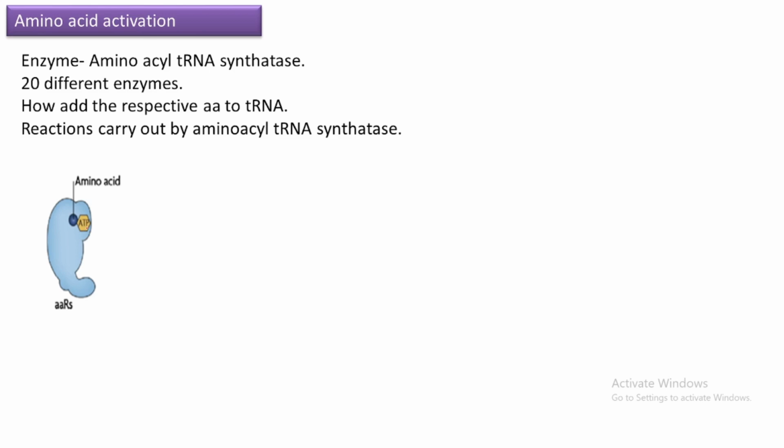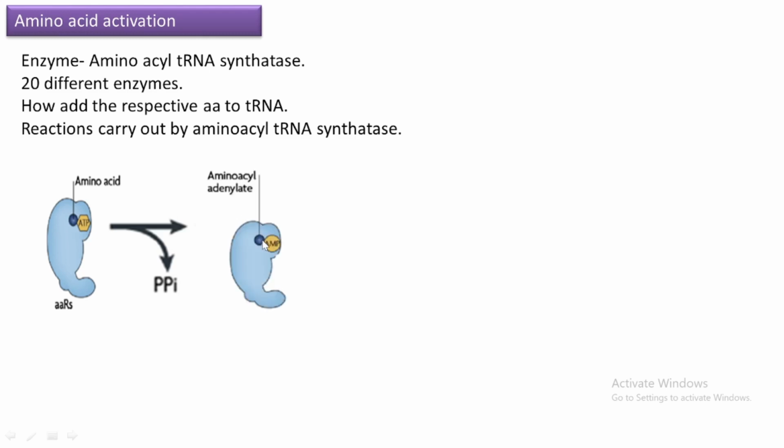We know that ATP is nothing other than adenosine triphosphate. As the enzyme picks this amino acid, two phosphates are released from the ATP. That means it is giving energy to the amino acid. It is energized, or activated.